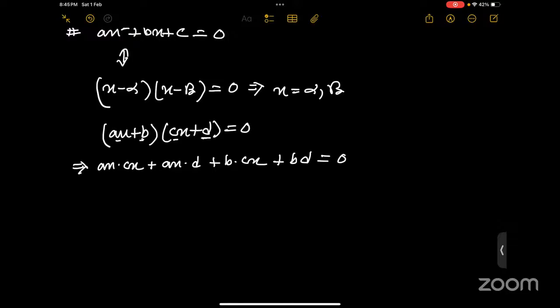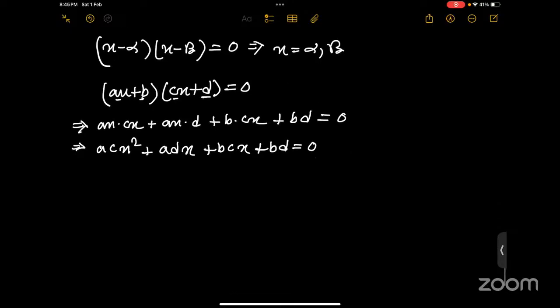Now if we observe these terms, we can simplify. We get ac x square plus adx plus bcx plus bd equals 0. If we observe this equation, the coefficient of x square times the constant term gives abcd. If I multiply both coefficients of x, we again get abcd.